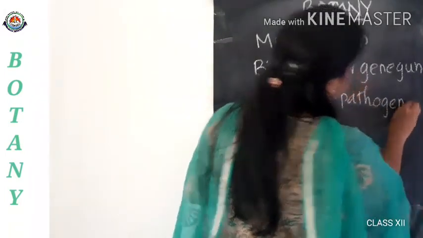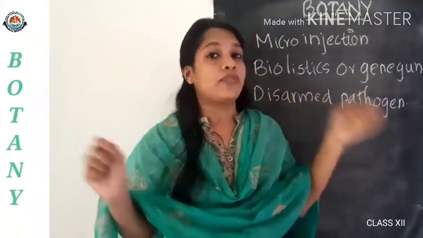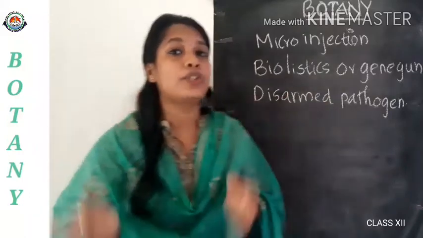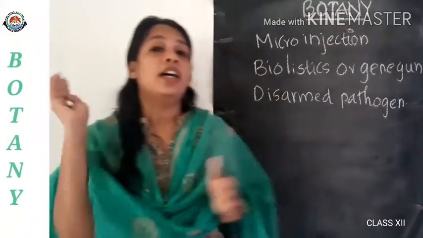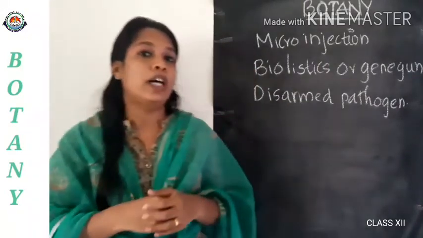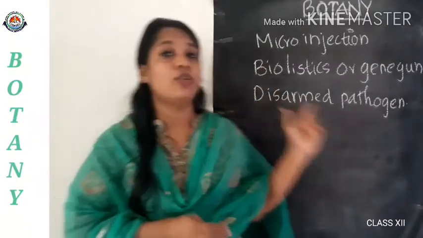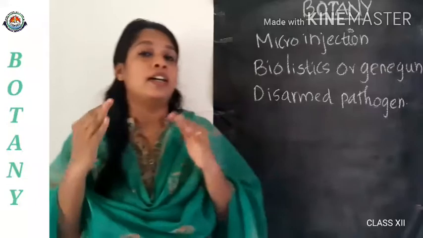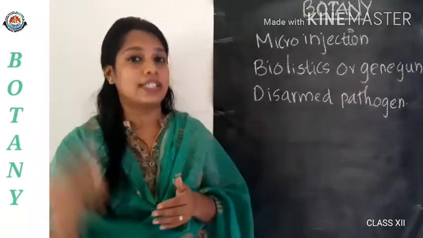In this technique, a pathogen can act as a vector, and it is allowed to infect the cell, and then the recombinant DNA gets transferred to the host cell. Okay, so these are the techniques that we can use to insert the plasmid DNA, the desirable DNA, into a host cell.